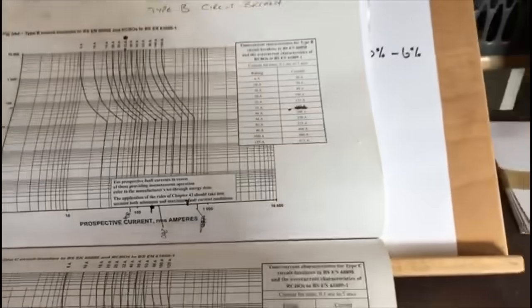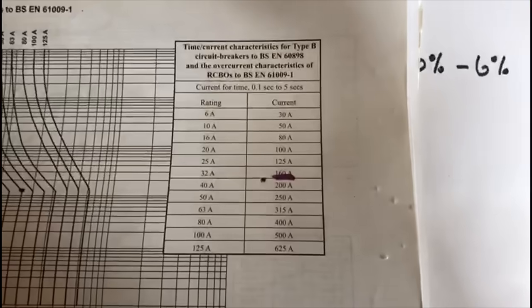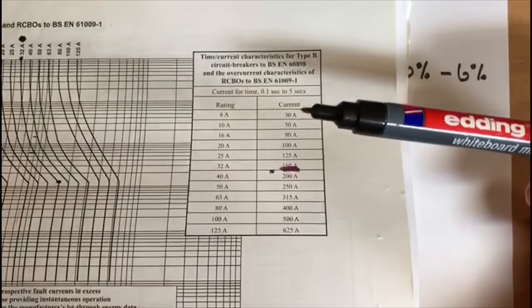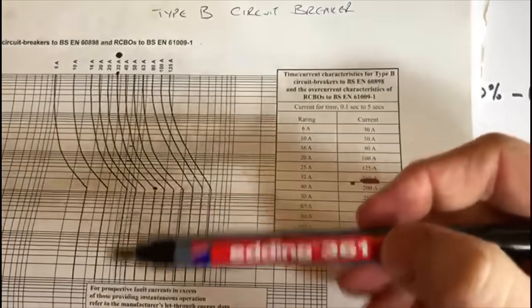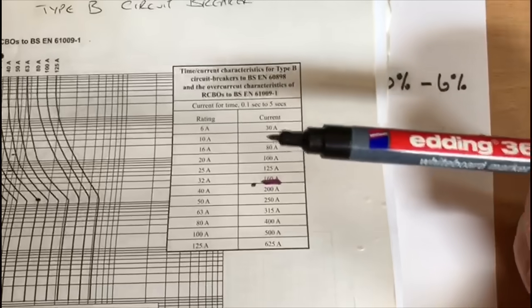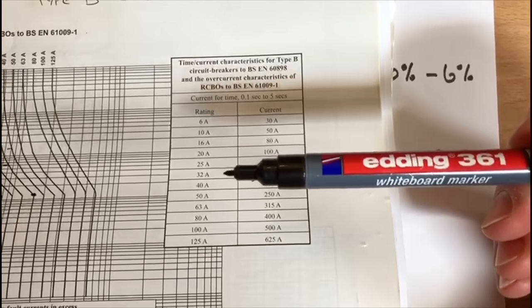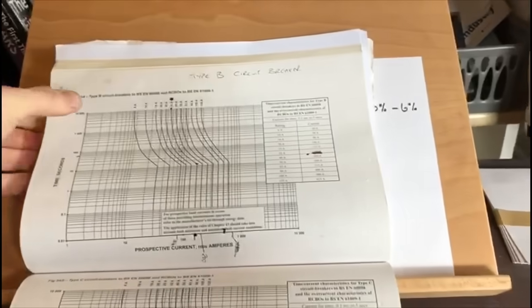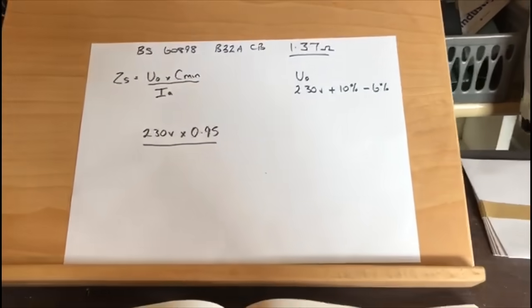Now, to make it a bit easier, we can look at this table. This table is just a reflection of the instantaneous disconnections, so basically these straight lines of each circuit breaker. So if we follow a 32 amp circuit breaker, we can see that the instantaneous disconnection is recorded at 160 amps. So let's now take that back to what we're doing here.